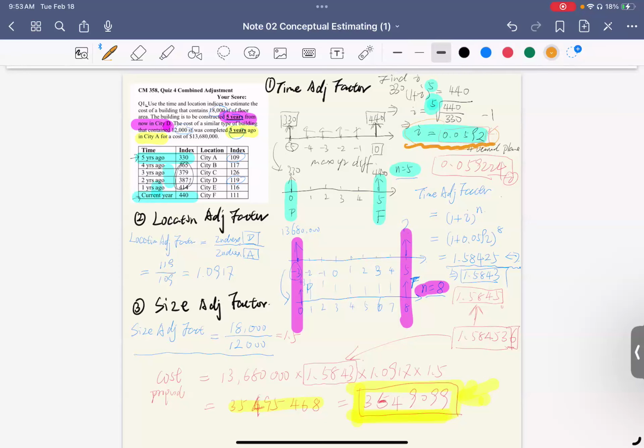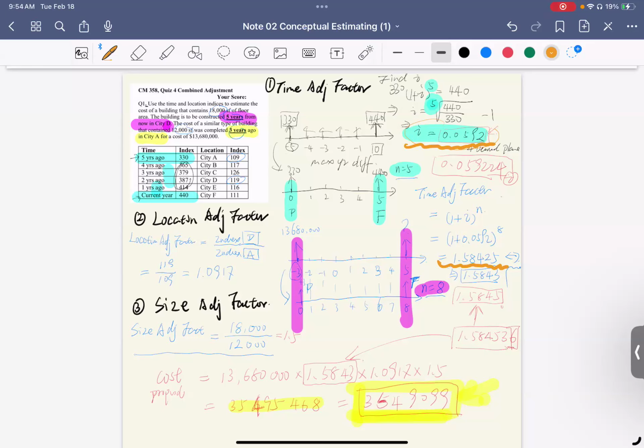If you have i here, for the time adjustment factor, you should have this one. But that's what I'm saying. When I put that exactly how you have it written, parentheses 1 plus 0.0592 parentheses to the 8, I get 1.5842. You want us to round that?